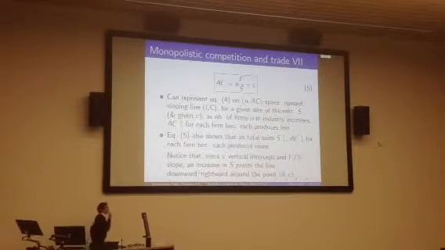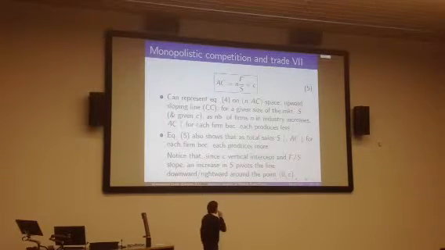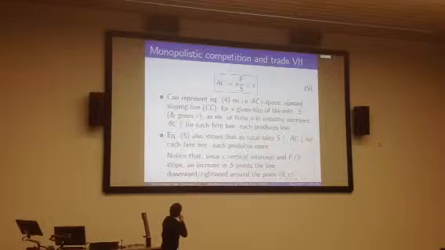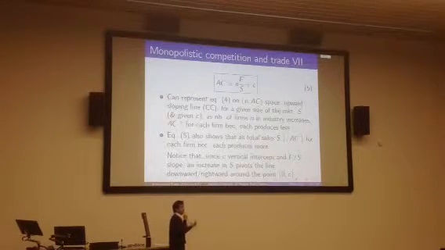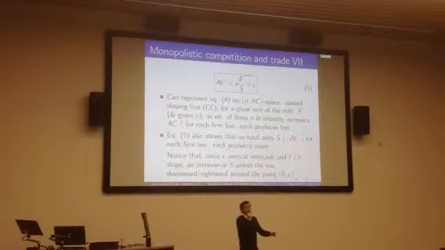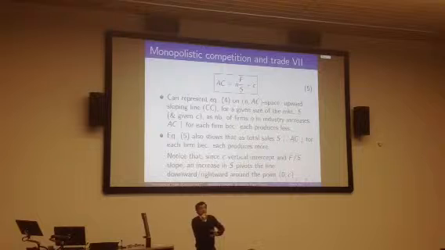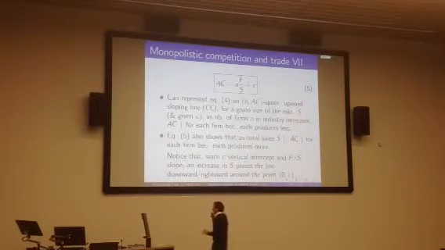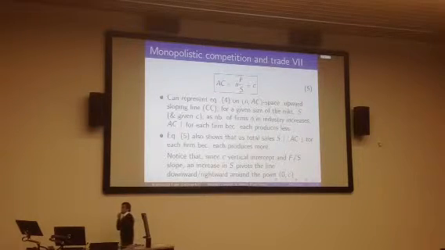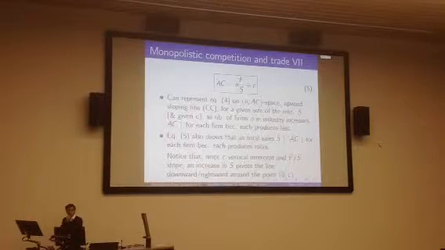Now, for purposes of what happens with trade, notice that as the value of the market increases, so as that S increases, so think of going from your country, let's say Italy, to now the whole of the European Union, yeah? As the size of the market increases, that curve is going to pivot downwards around that point c. Yeah?